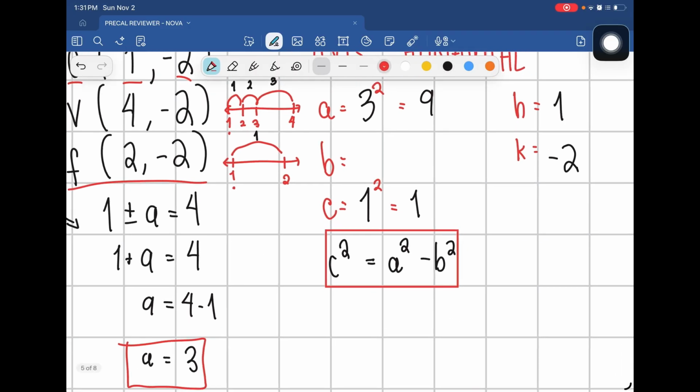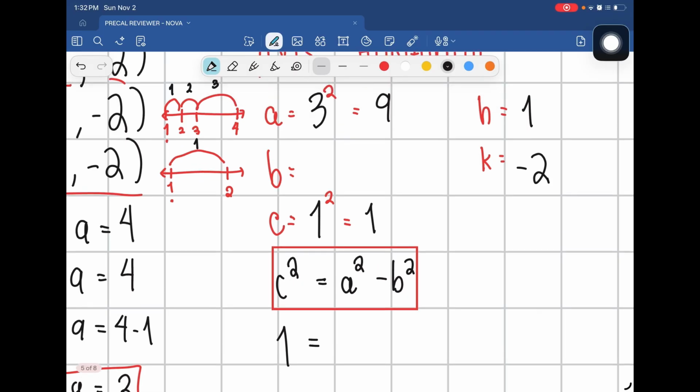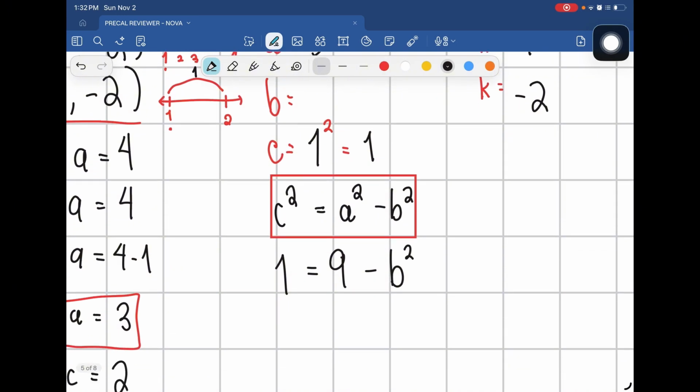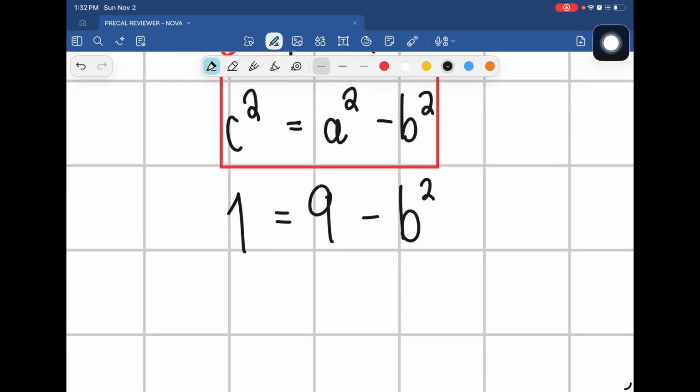So let's plug in our values. c squared is equal to 1, and a squared is 9 minus b squared. And next, let's do some algebra. So we want to isolate our b squared.